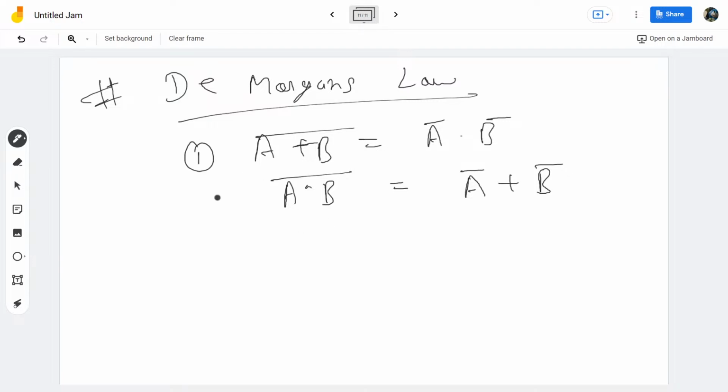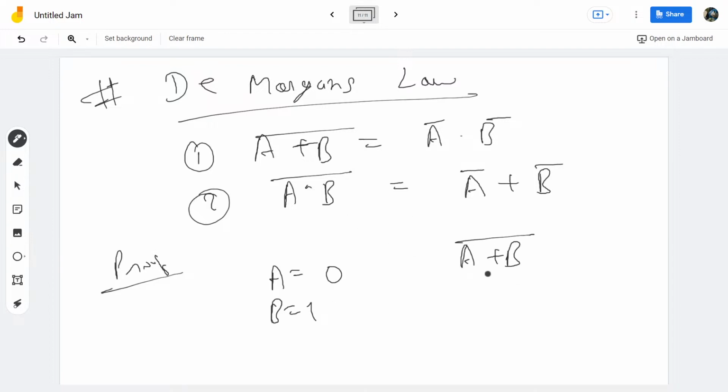You can prove these two. Let's take a to be 0 and b to be 1. Then from the LHS, complement of a plus b is basically complement of 1, that is 0.